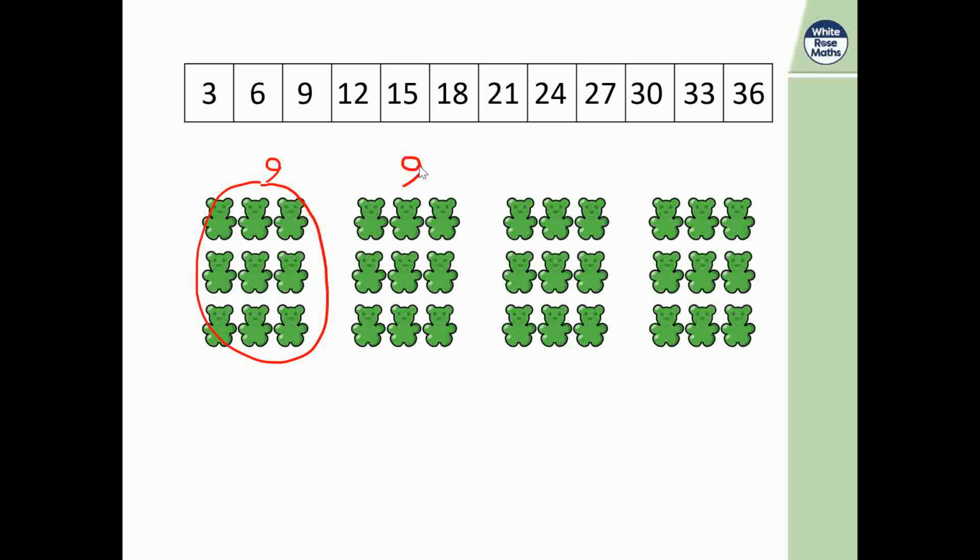And just as an aside, 4 times 9 equals what? Well, we just counted all the gummy bears. So how many are there? 36, right? Yeah, it's the same.